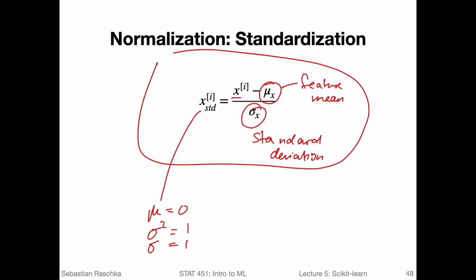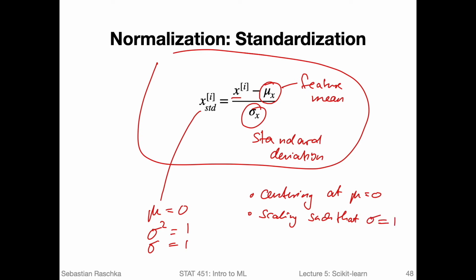Note that, however, these are only the properties of that feature, not the parameters of a normal distribution or standard normal distribution. If the feature doesn't follow a normal distribution, it will also not have a normal distribution afterwards. It's just centering at mean 0 and then scaling such that the standard deviation or variance is 1.